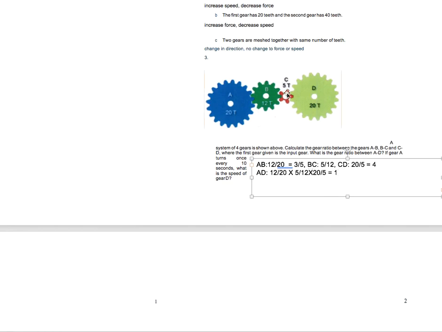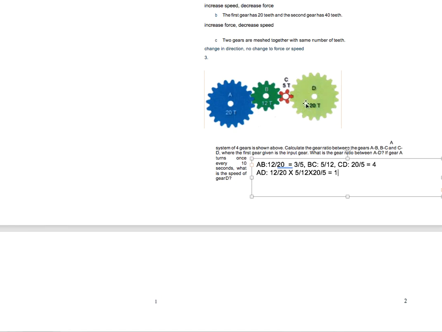So actually, B and C are a waste of time. You don't need them. And if you think about it from an energy conservation point of view, the energy being delivered to A and the energy being delivered to D have to be the same.